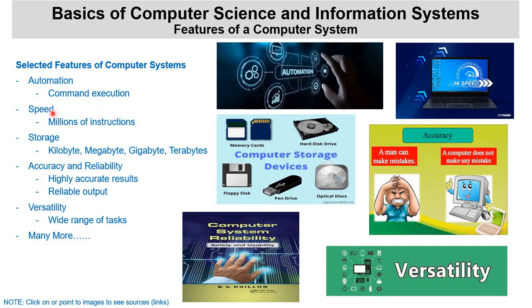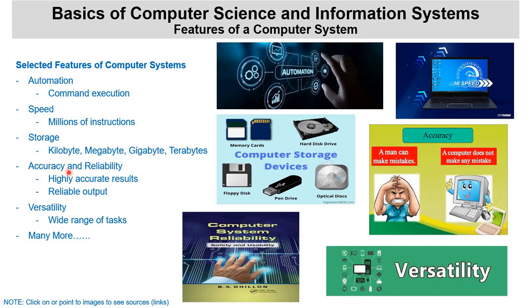Another thing is speed. Computers have the capacity to process millions of instructions in a very short time at high speed, and can also store information in kilobytes, megabytes, gigabytes, and terabytes, which are thousands, millions, and so on.